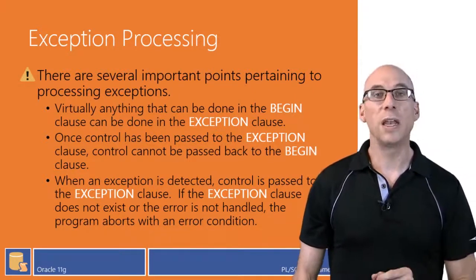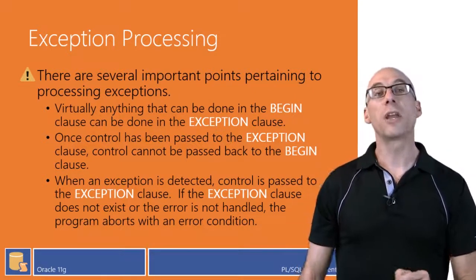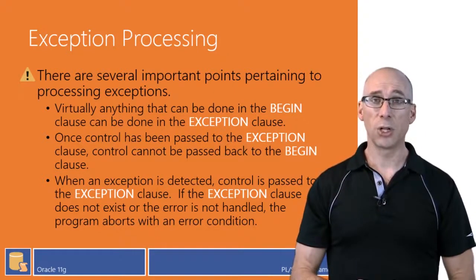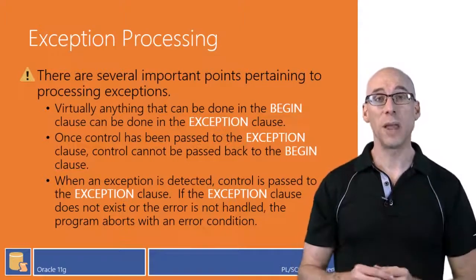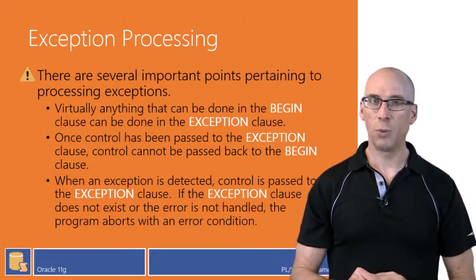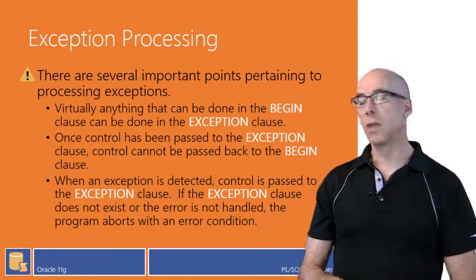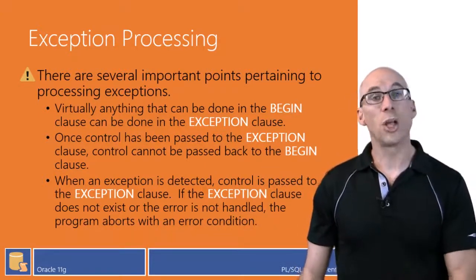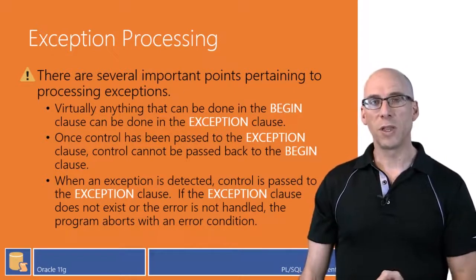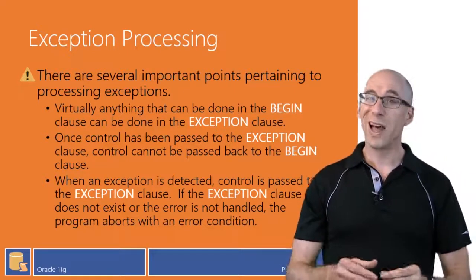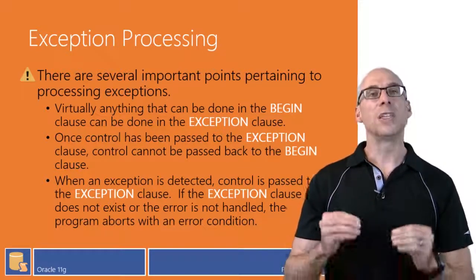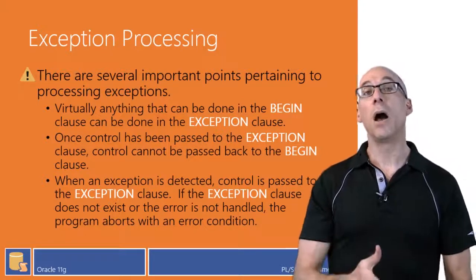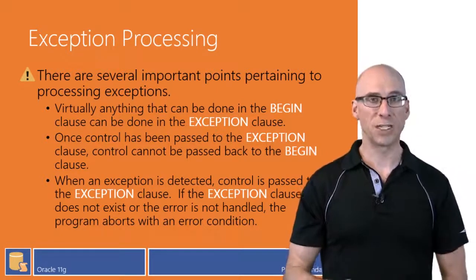If it never finds an exception clause, then that error gets shown to the user in all its glory. And we've already seen some of these exception error messages, and they're not very pretty. So if you want to avoid this, you want to include the exception clause. We already know that the exception clause is optional, but I think after this lesson you're going to understand that it's really not as optional as we might like to think, especially if we want to make our PL SQL code run smoothly and also exit smoothly in the event an exception occurs.